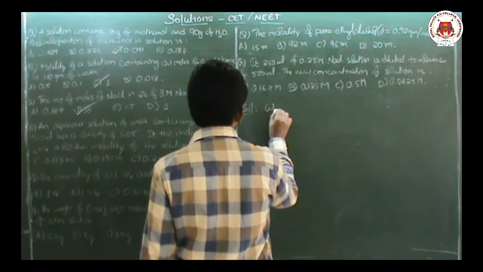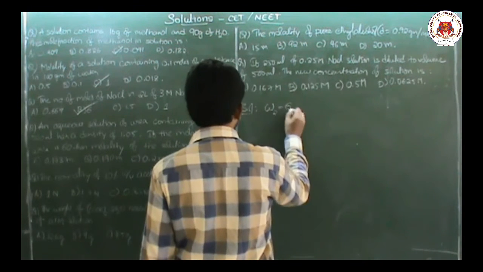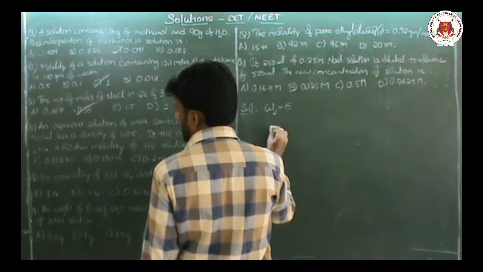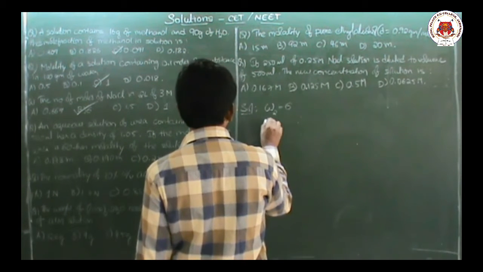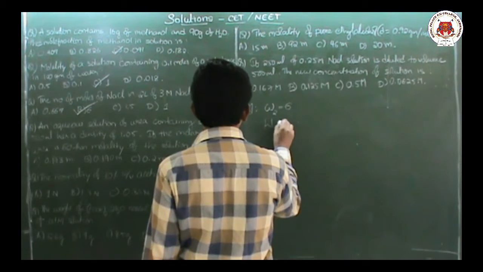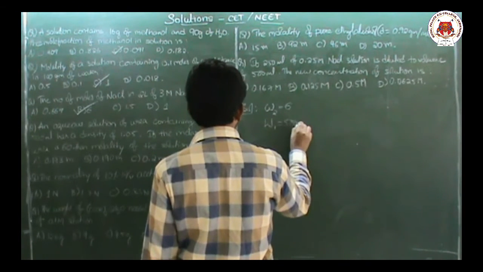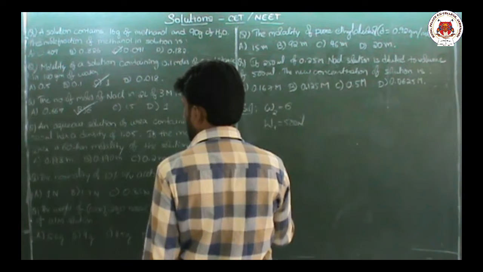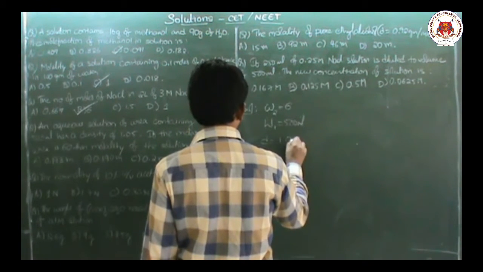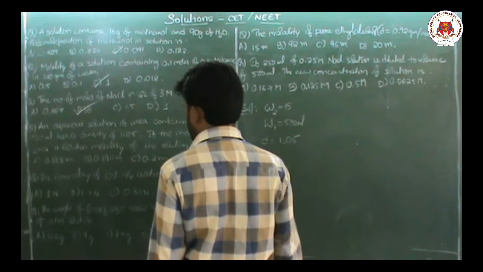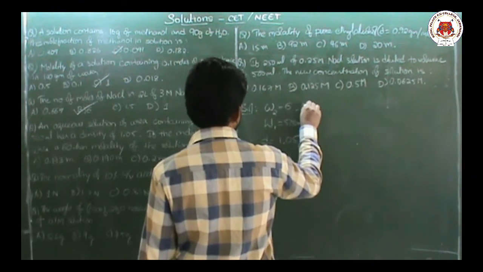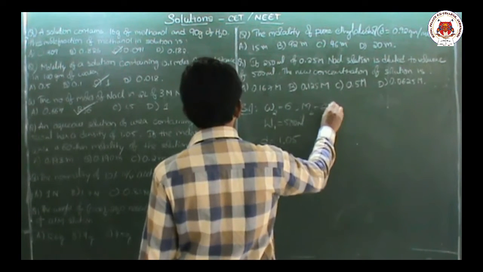Weight of urea, W2, I am taking 6 grams in 500 ml. Density is given as 1.05. The molar mass of urea, M2, is given as 60.